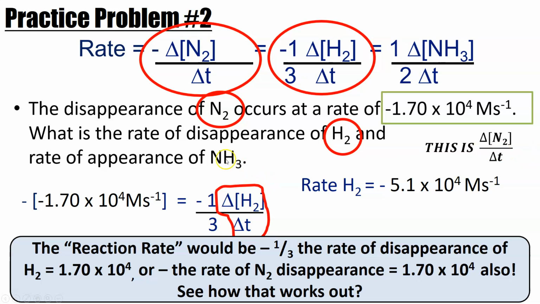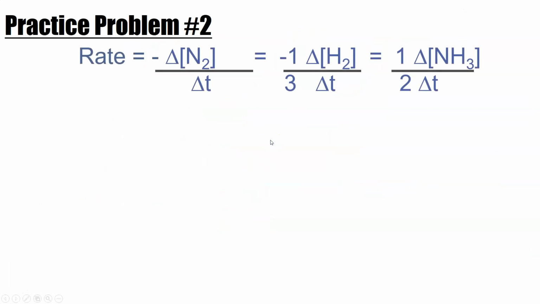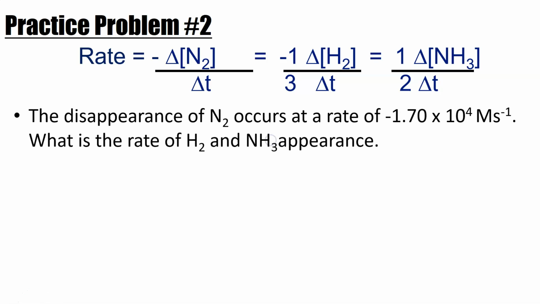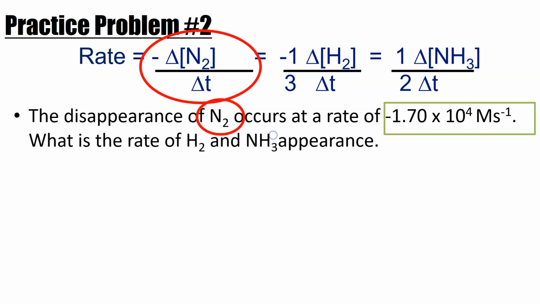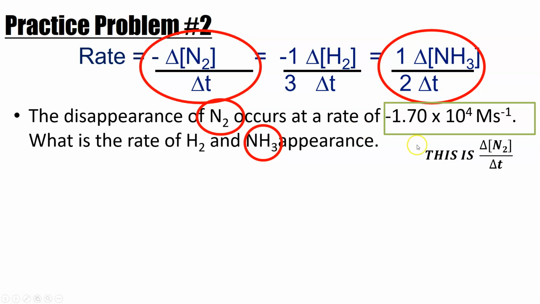All right, now let's do the NH3 part. Same expression. This time we're going to use the NH3 portions. Remember, this is your delta over delta that you plug in.